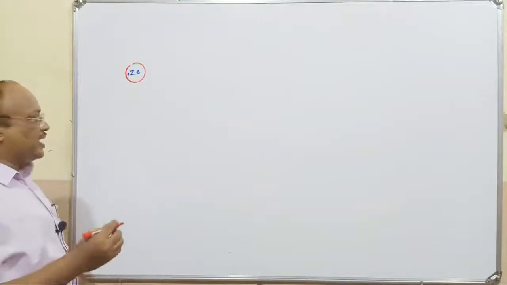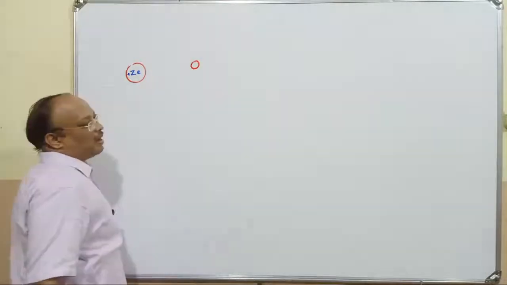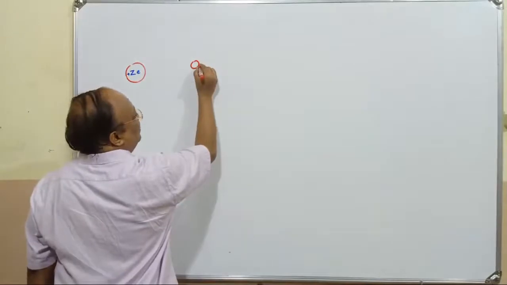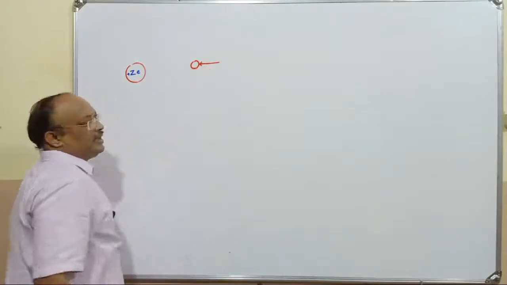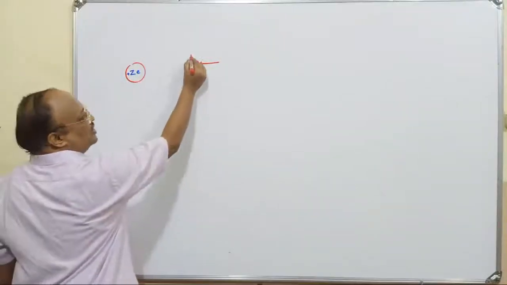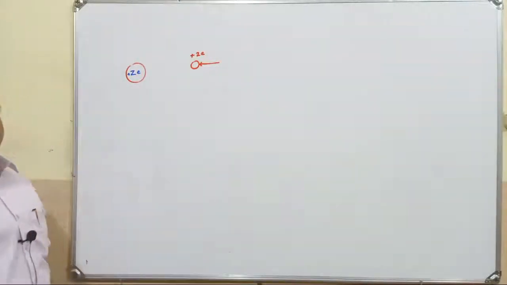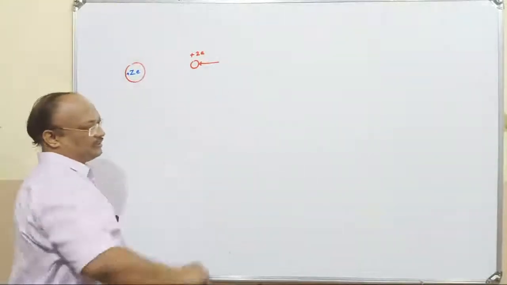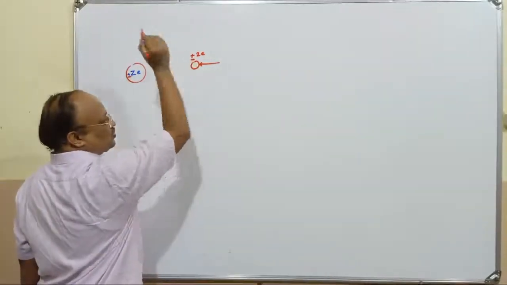So what has he done there? An alpha particle, he has triggered with some velocity, or I can say with some kinetic energy. See, this is positive charge, and this is also positive charge.